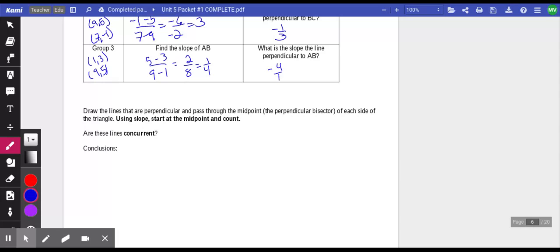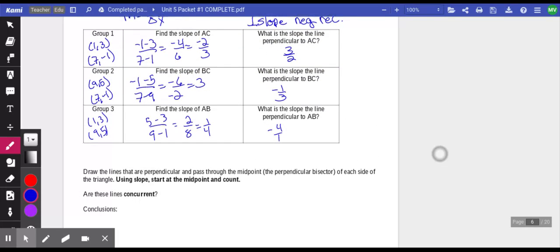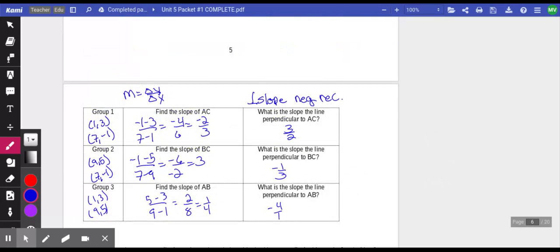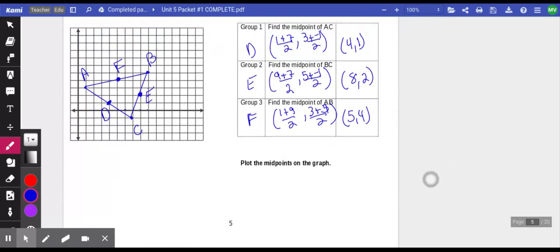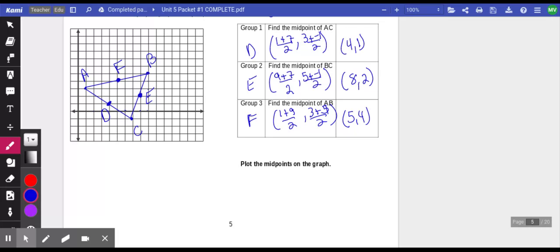So when we want perpendicular to AC, we want a slope of 3/2. So perpendicular to AC is going to go through D, and we want a slope of 3/2. So I'm going to start at D, and I'm going to go up 3, over 2, up 3, over 2.